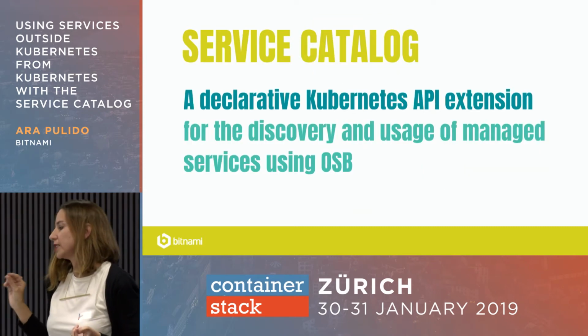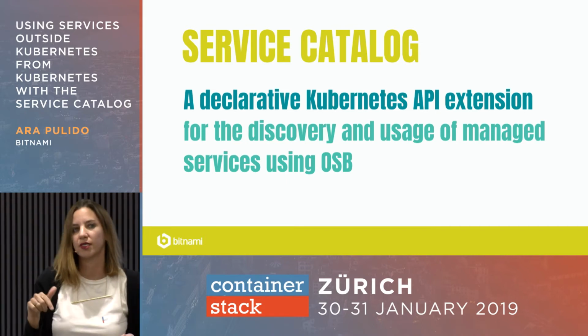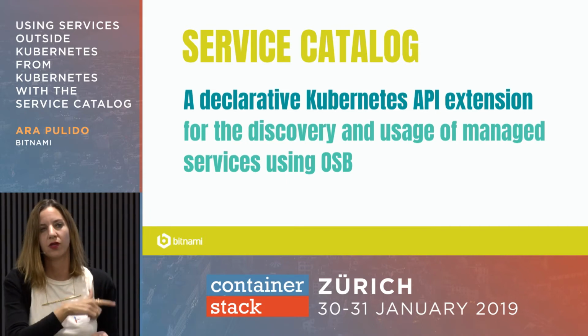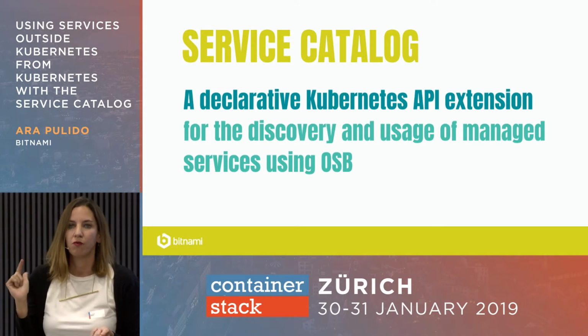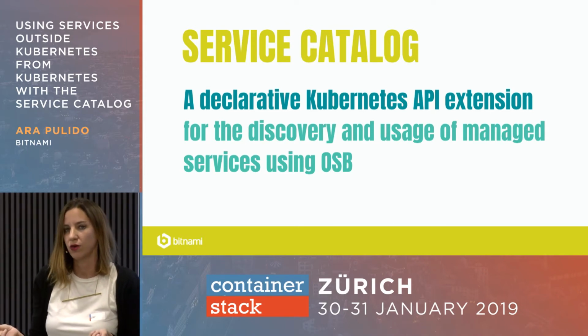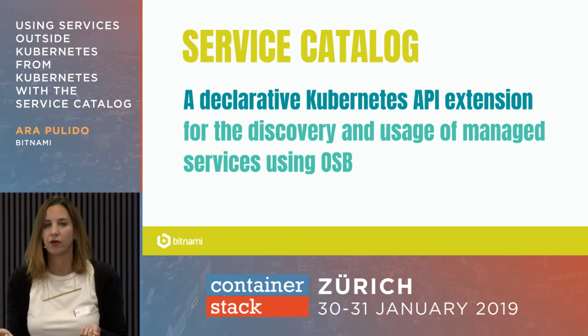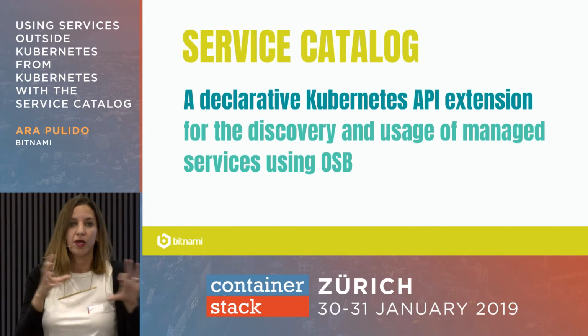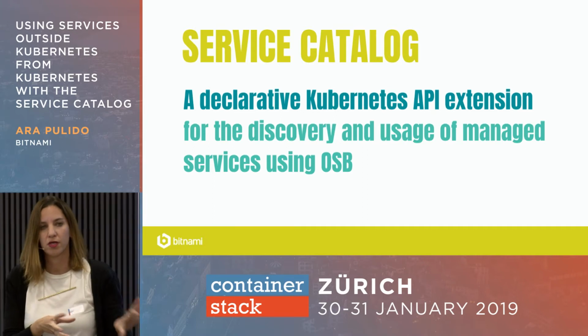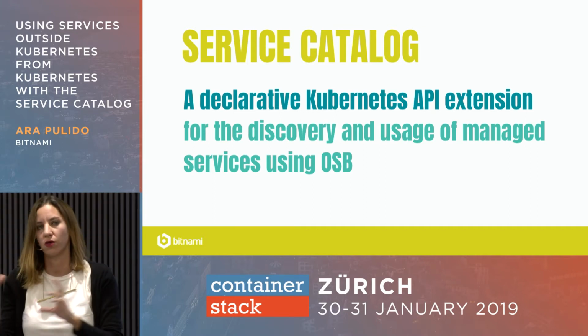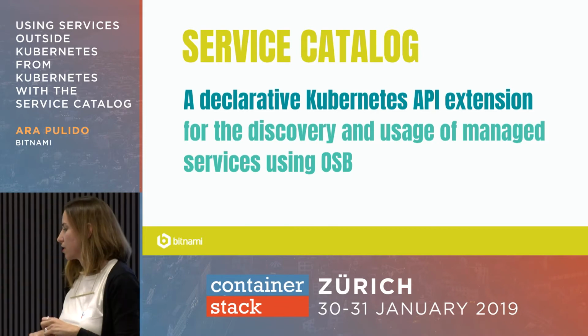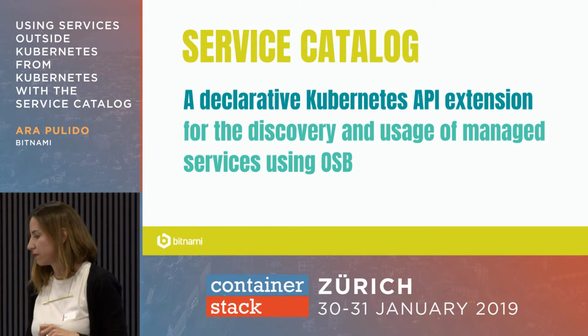The important bit of the service catalog, as an implementation of this standard, is that it's a declarative Kubernetes API extension. Right now, it doesn't use CRDs. It uses API aggregation. There is a special interest group in Kubernetes focused on the service catalog, and they're discussing whether they have to move to CRDs or not. But right now, it's an API server.